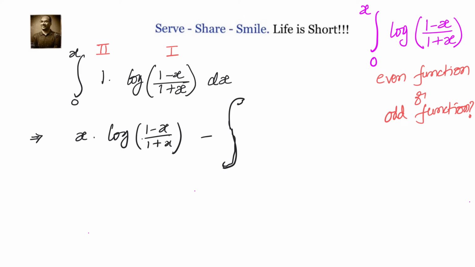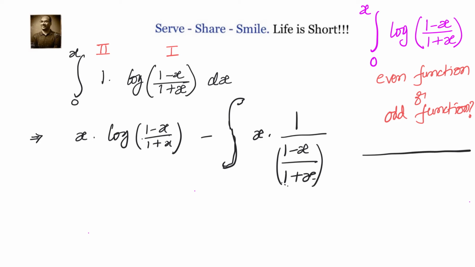the integral of the second function, which is x, multiplied with the derivative of the first function. So that will be x into the derivative of log of (1 minus x) by (1 plus x), which is 1 by (1 minus x) by (1 plus x). Then by chain rule, we have to find the derivative of (1 minus x) by (1 plus x), which is in the form of u by v. So in the denominator we write v square, that is (1 plus x) whole square.